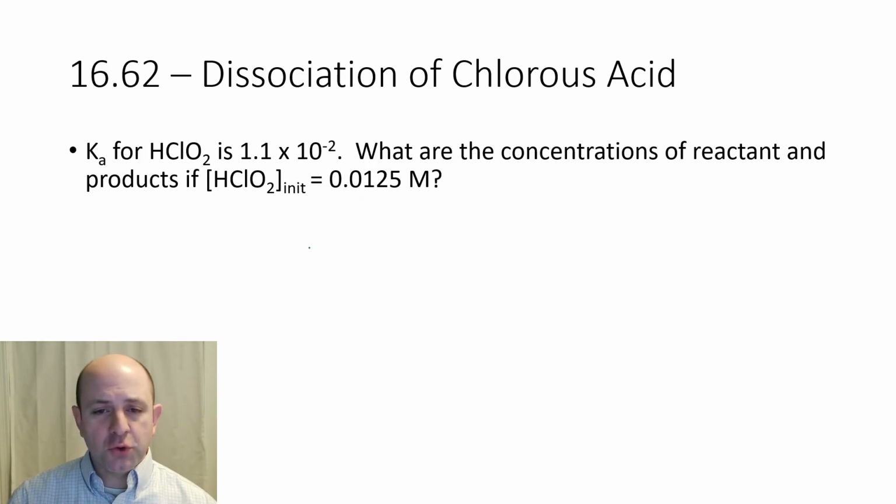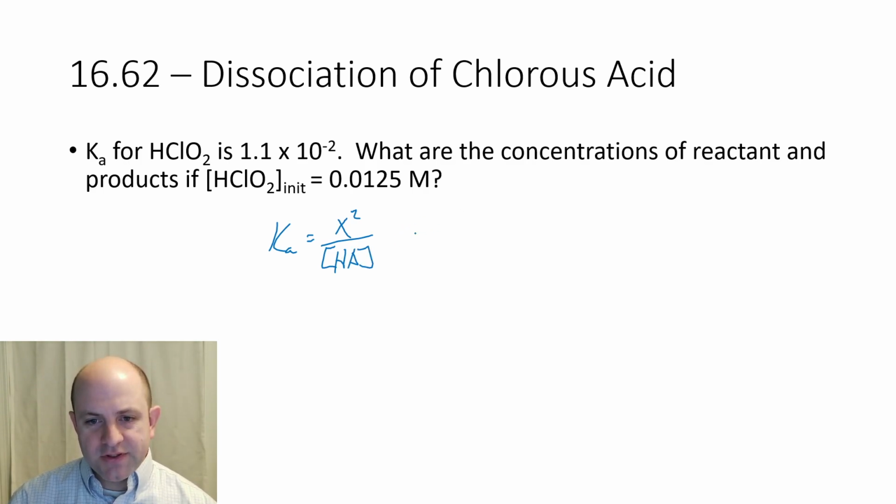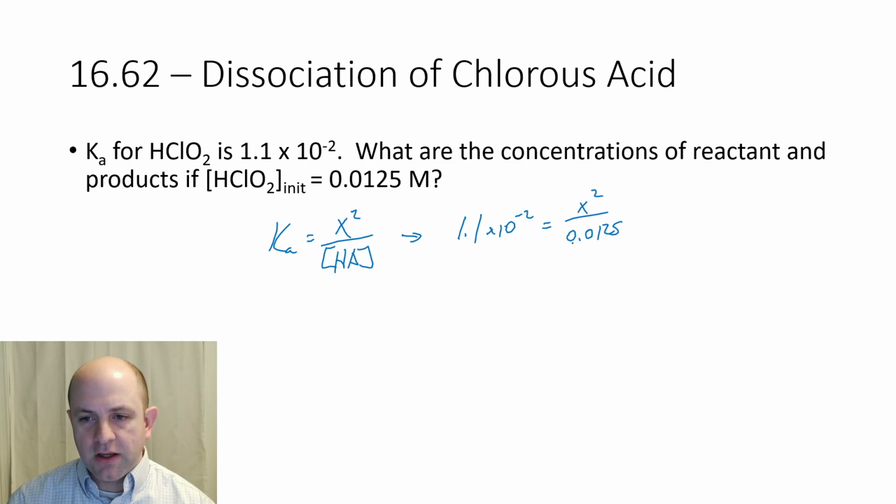And so for the shortcut, we say, oh, Ka is equal to x squared over HA, and we just keep it HA. So in this case, that would be 1.1 times 10 to the minus 2 equals x squared over 0.0125.